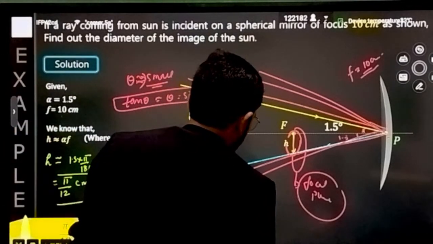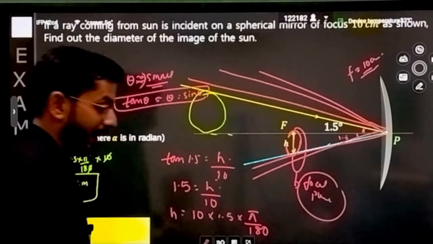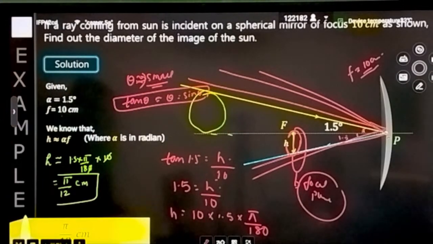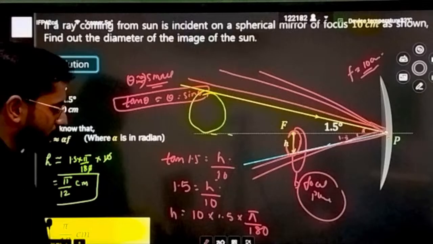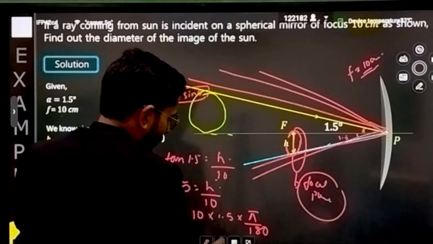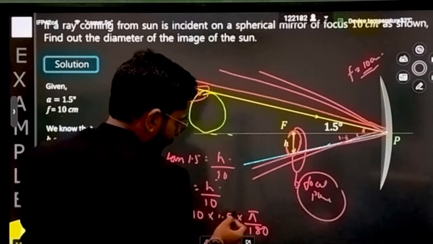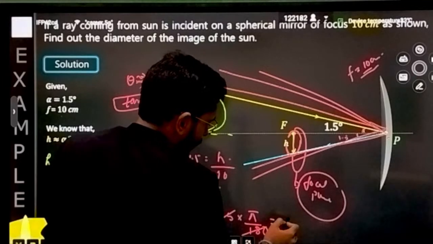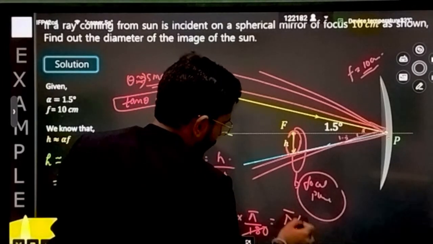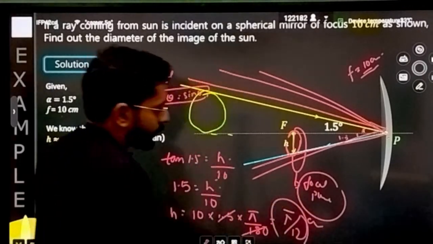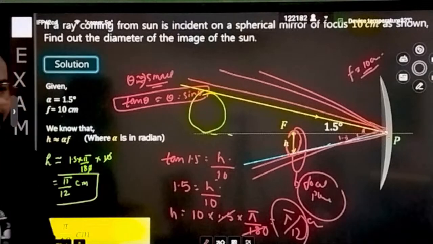That means you have to multiply it by pi by 180 as well. So after solving, what height will we get? It will become 15 divided by 180, that means pi divided by 12 centimeter. This much height will be present there.